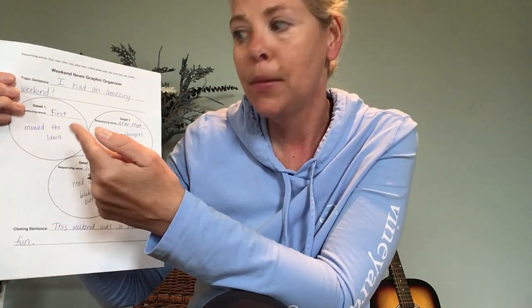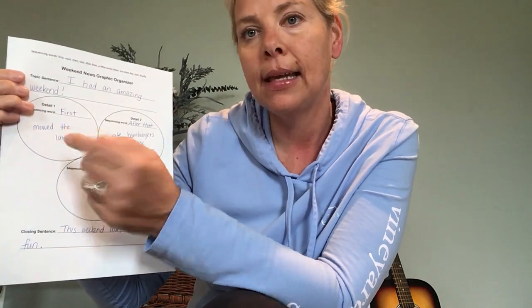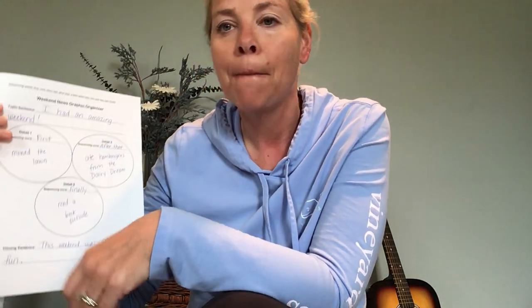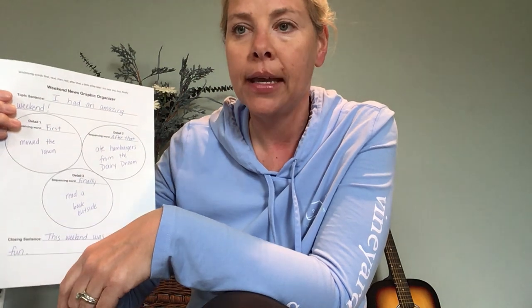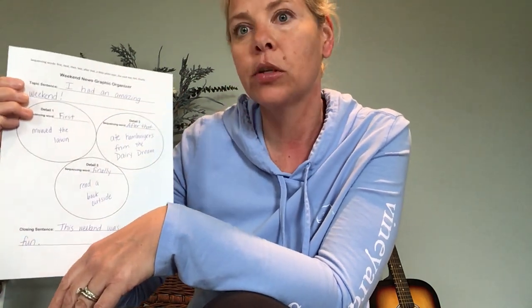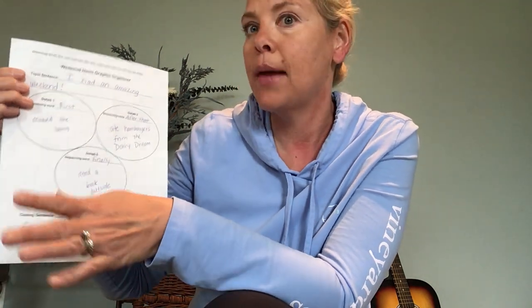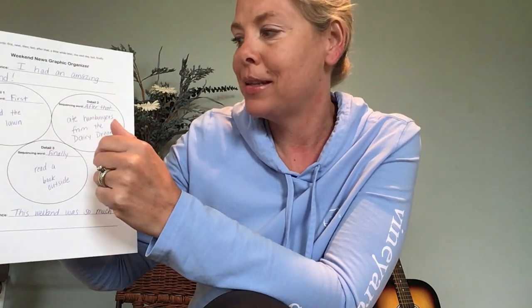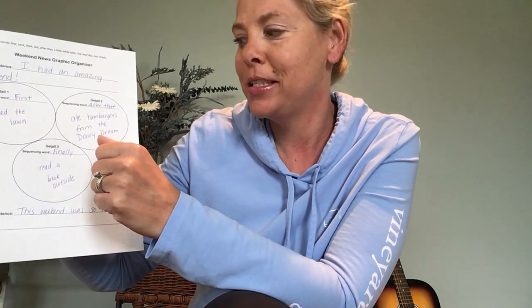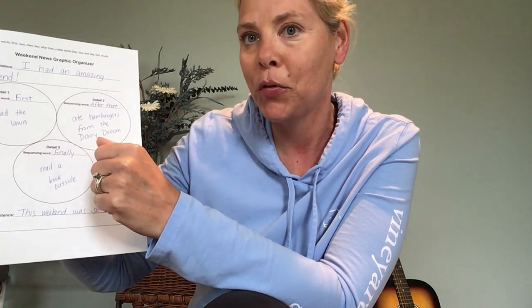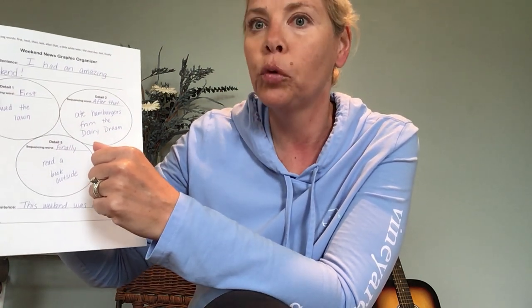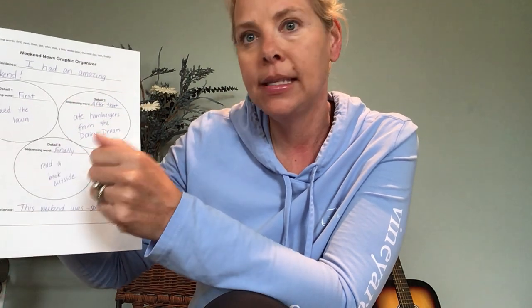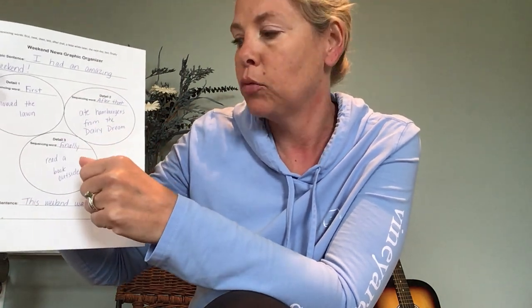So I made that simple idea into a more complex sentence by using a connecting word. Add details by using connecting words like but or so or and or because, and that makes your writing sound really good. I'm not just going to say I ate hamburgers from the Dairy Dream. I might say I ate delicious cheeseburgers that we ordered from the Dairy Dream. They were really good. So you can add some extra details to make the writing sound really good.